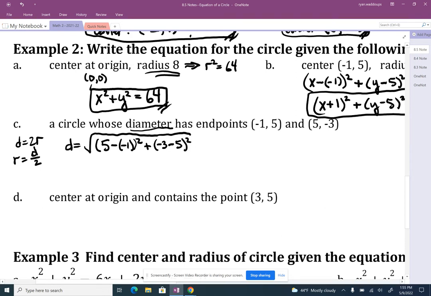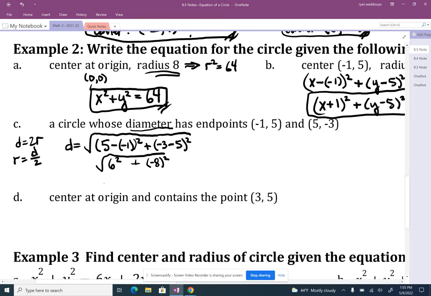And I look at this and say, well, 5 minus -1 is 5 plus 1, and that's 6 squared. And -3 minus 5 is -8. So that's -8 squared. And we take the square root of that whole thing.